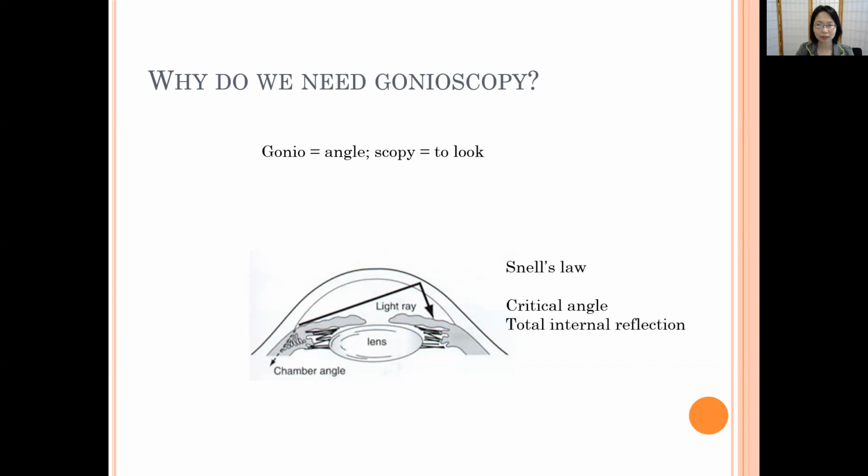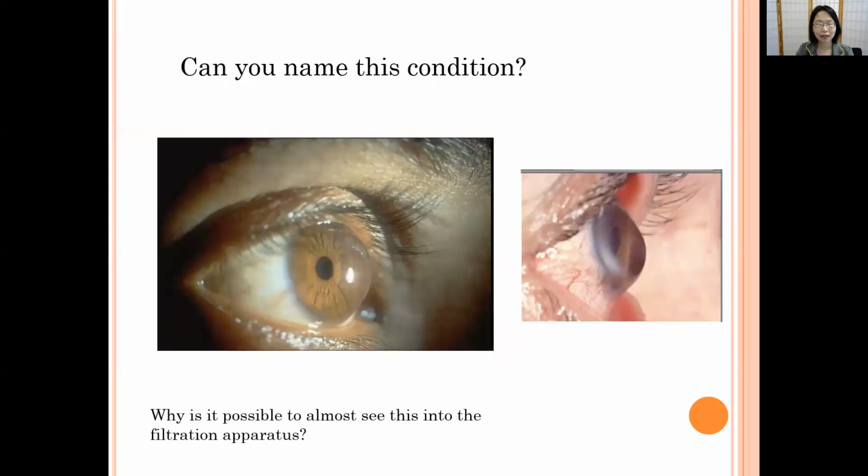This is due to Snell's law, and because this reaches the critical angle, we would not observe any of the light reflected from the angle, and hence we cannot see the angle directly with the slit lamp. However, there is a condition where you can. Again, think to yourself for a moment: what do you think this condition may be? This is a condition where the cornea is different from the normal population, and this is keratoglobus.